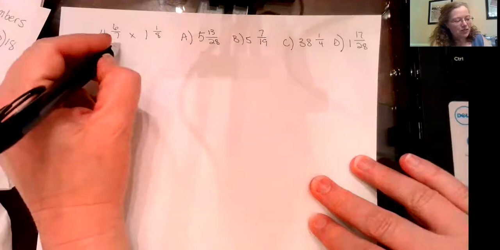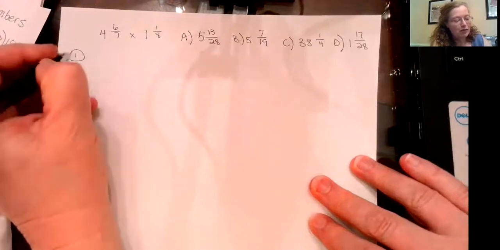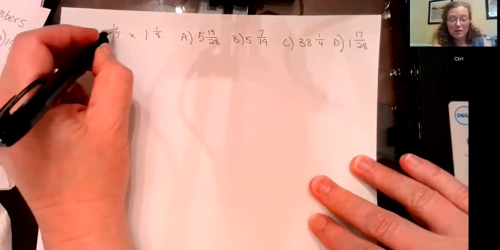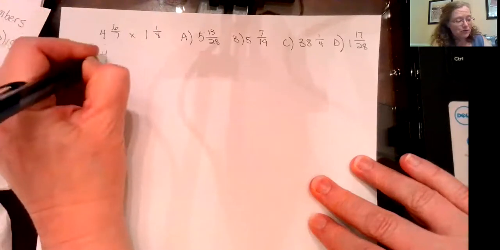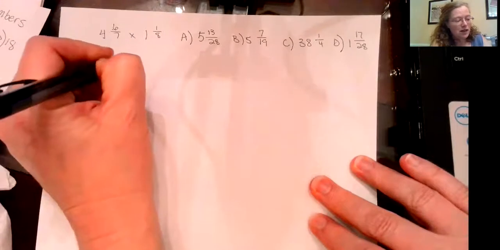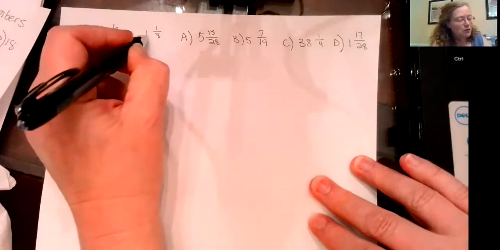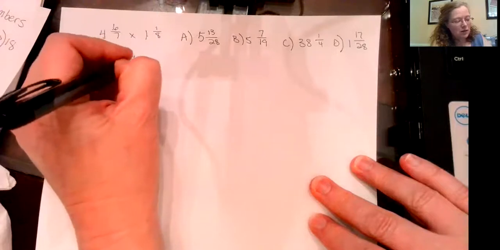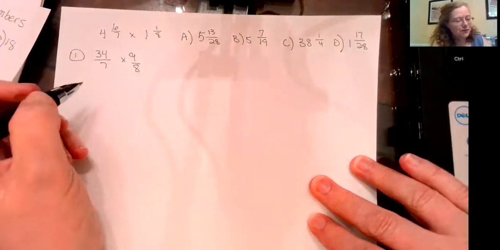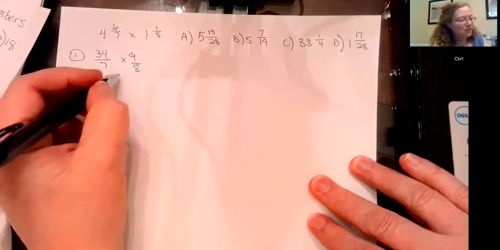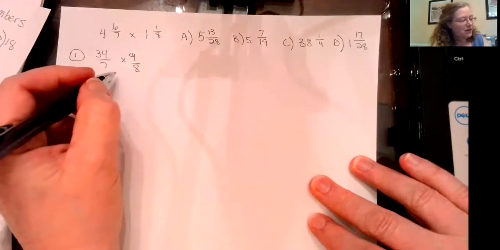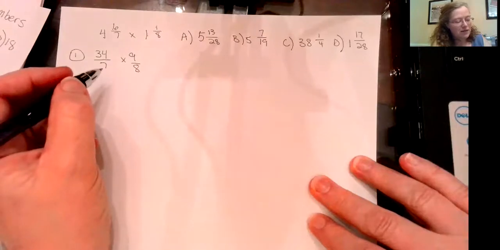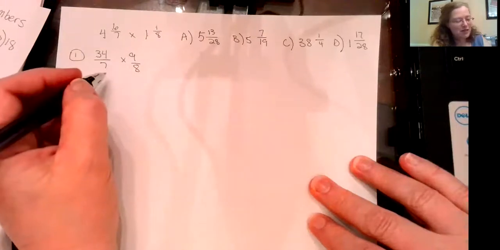Again, I could do one style where I actually solve it by hand. So 7 times 4 is 28, plus 6 is 34 over 7. And 8 times 1 plus 1 is 9 over 8. Now see, this is a lot uglier looking because it doesn't have anything that can simplify side by side.